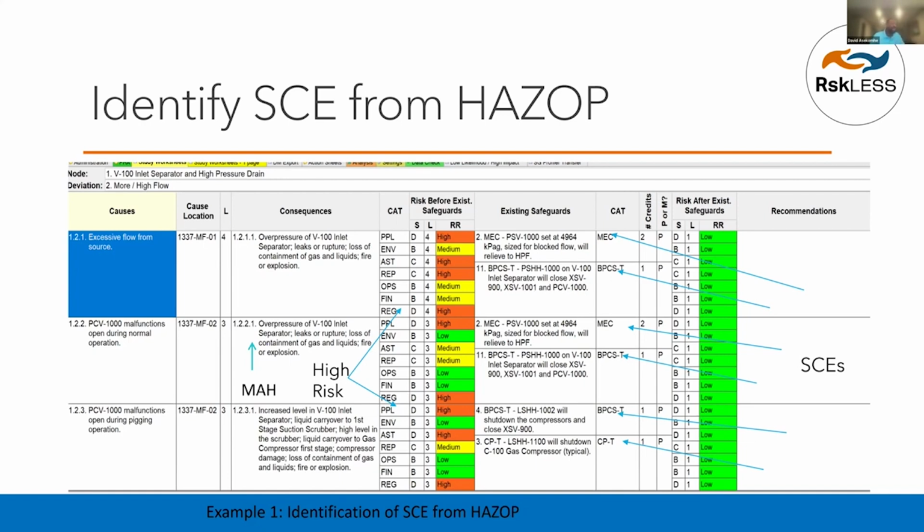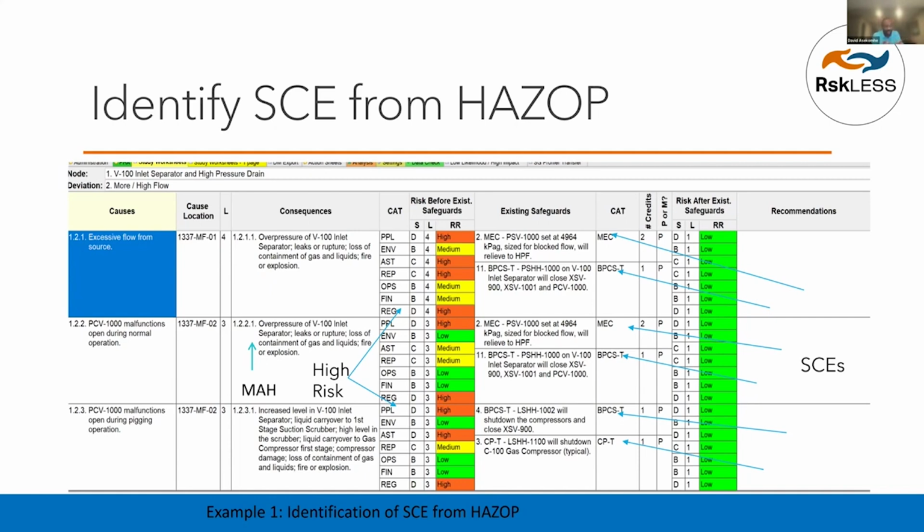Now, the next safeguard they took was the BPCS, a basic process control trip, PSH 1000, and they took 1 credit for that. Note, in HAZOP, you can only see mostly function-based or consequence-based SCEs.